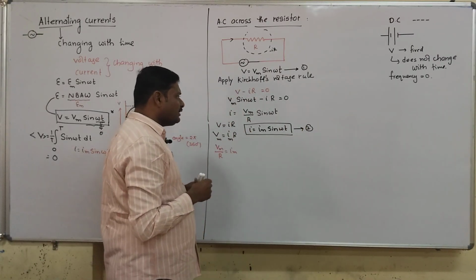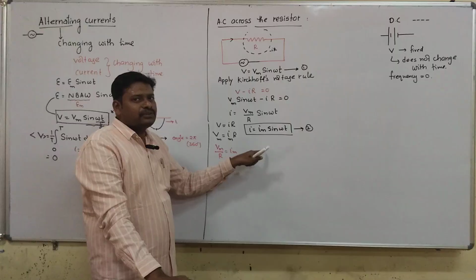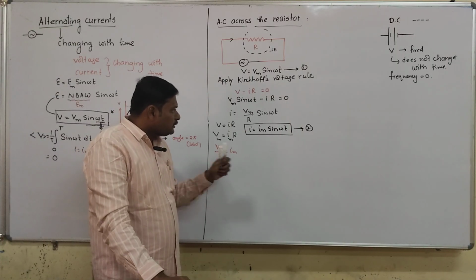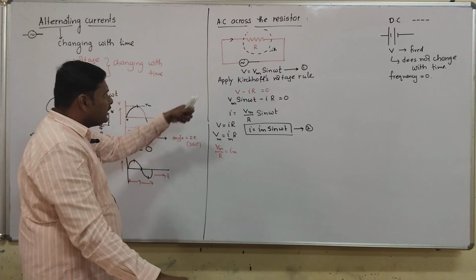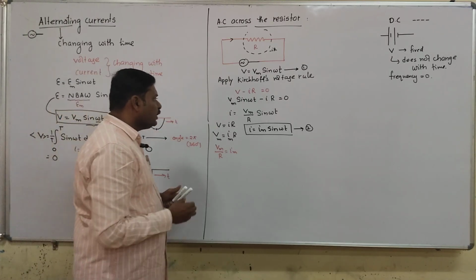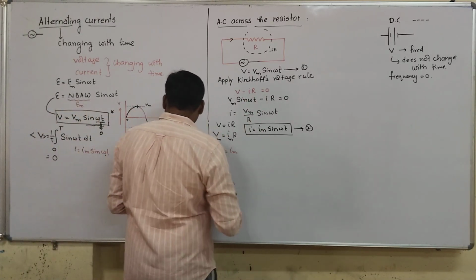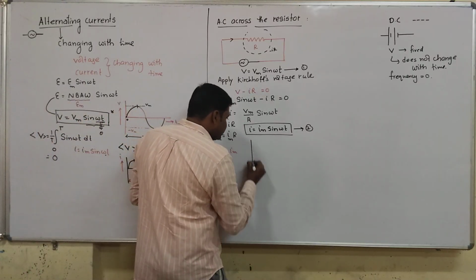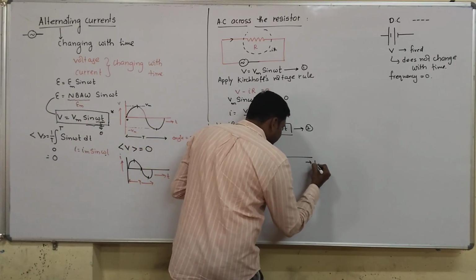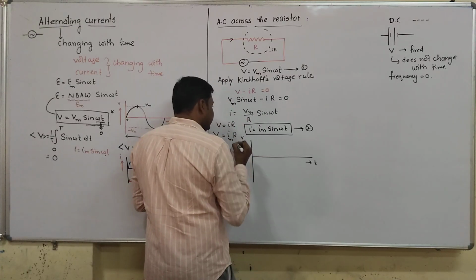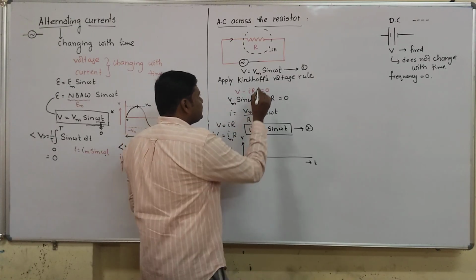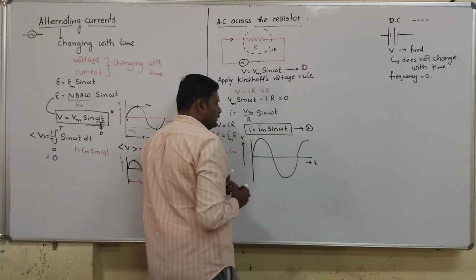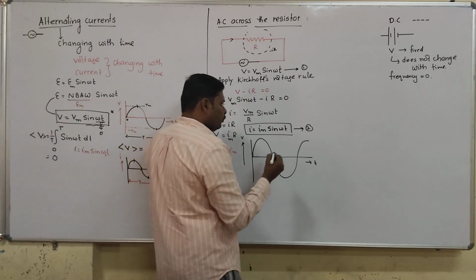Now what is our observation? That current is also sinusoidally varying with time, right? This is the voltage and current. Now we shall combine the two graphs. I'll choose time on the x-axis, voltage on the y-axis, and the sine curve starting from 0 is the voltage.